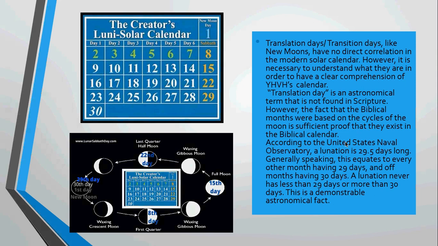According to the United States Naval Observatory, a lunation is 29.5 days long. Generally speaking, this equates to every other month having 29 days and off months having 30 days. A lunation never has less than 29 days or more than 30 days, and this is a demonstrable astronomical fact.